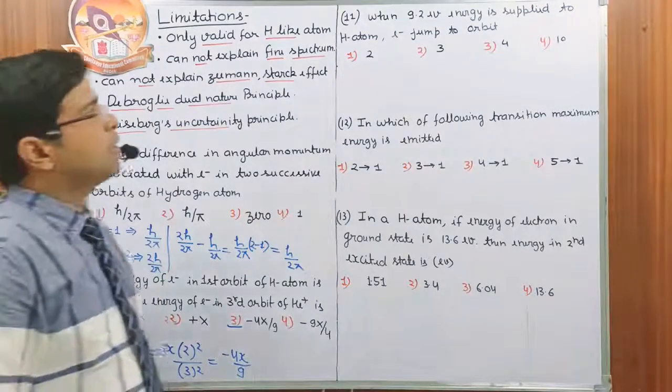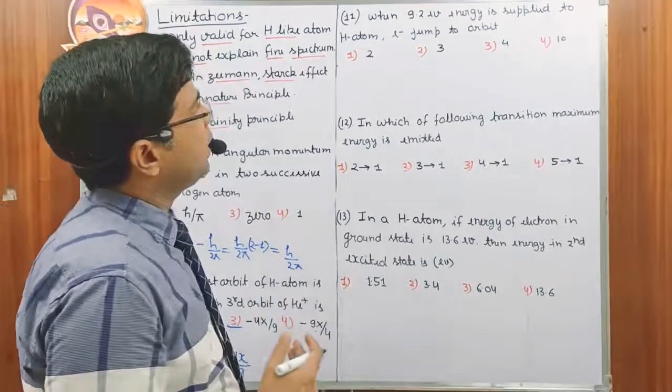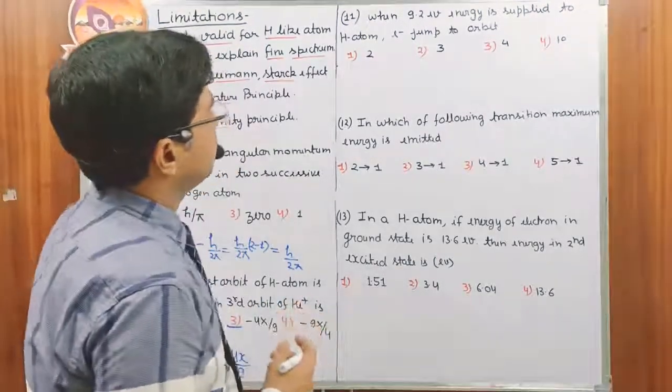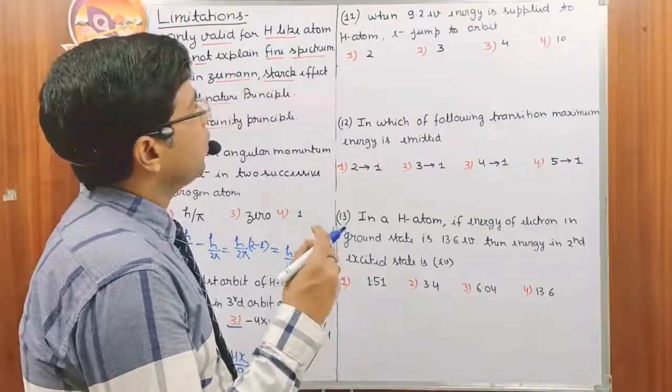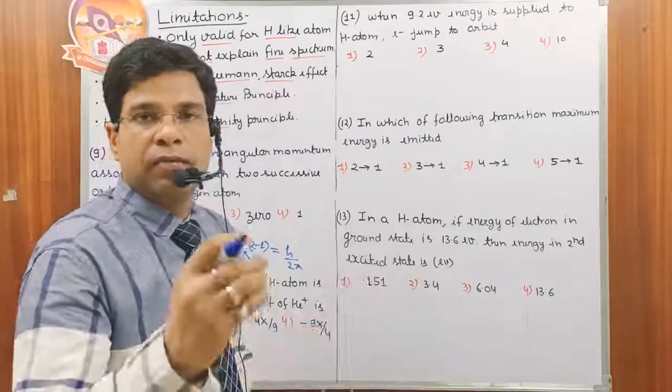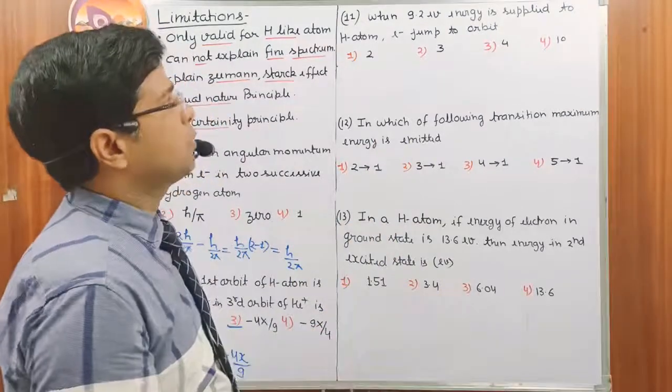Then question number 11: when 9.2 electron volt energy is supplied to the H atom, the electron jumps.